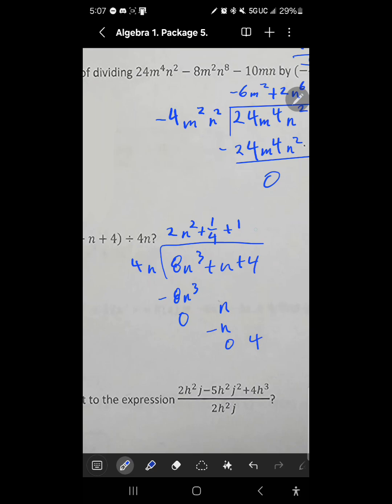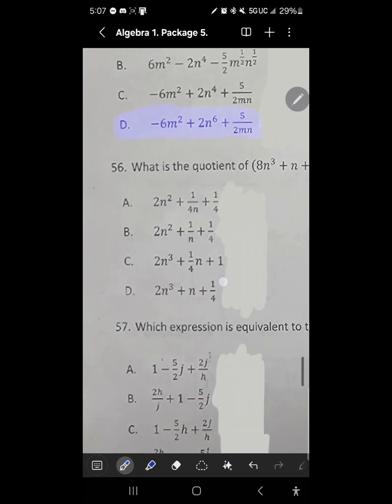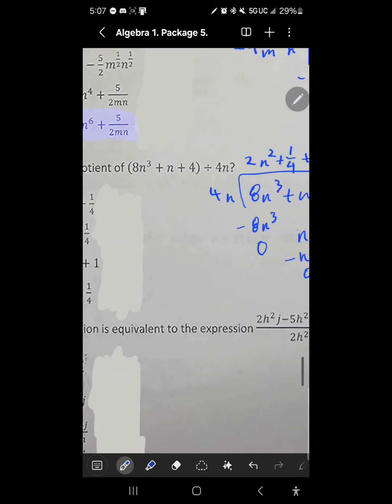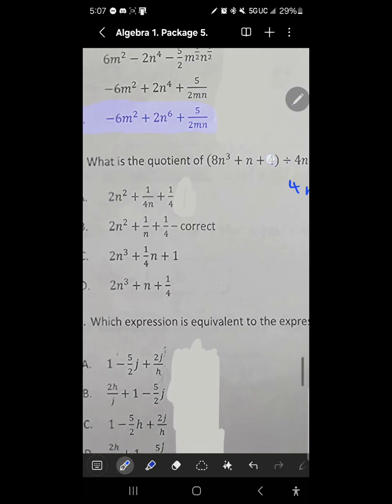And then 1 divided by n is 1 over n, which is weird because it's none of the options.